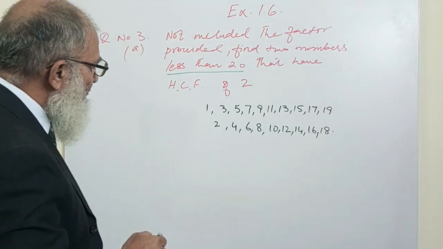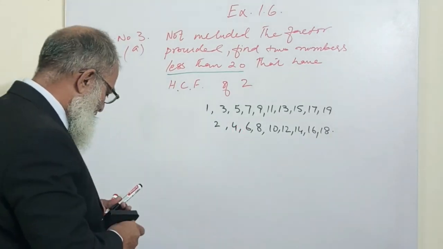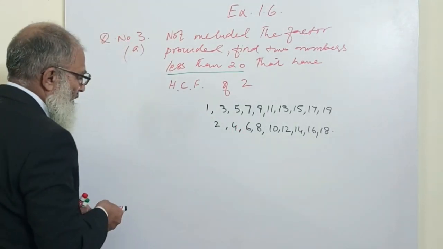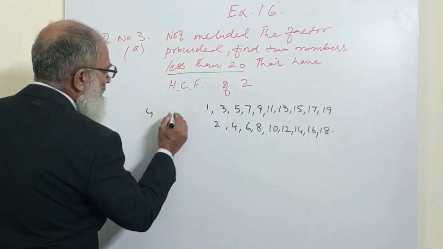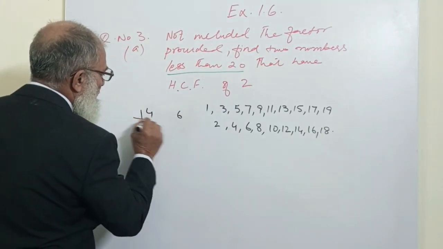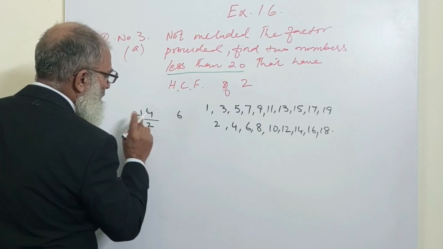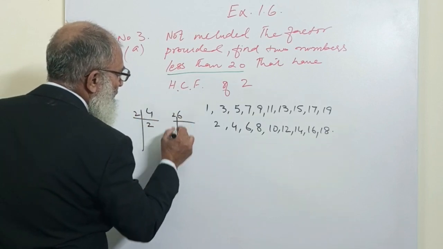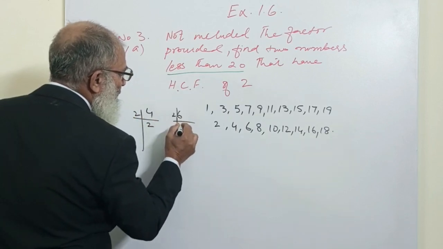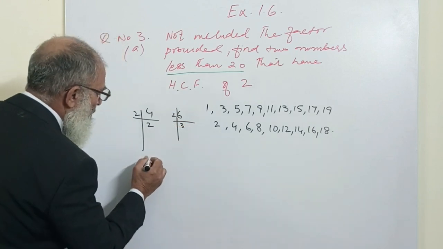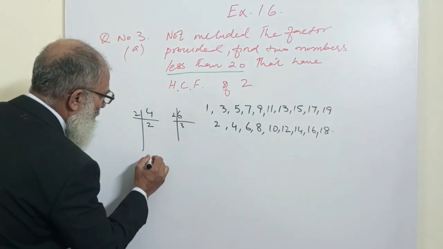Okay, so I start with 4 and 6. 4 is 2 times 2, and 6 is 2 times 3. So what are the factors of 4?